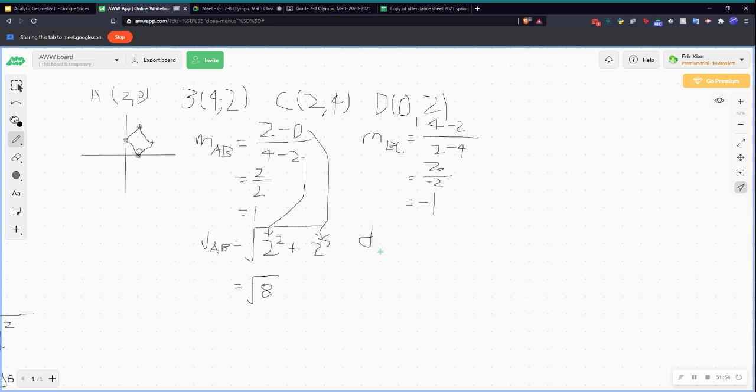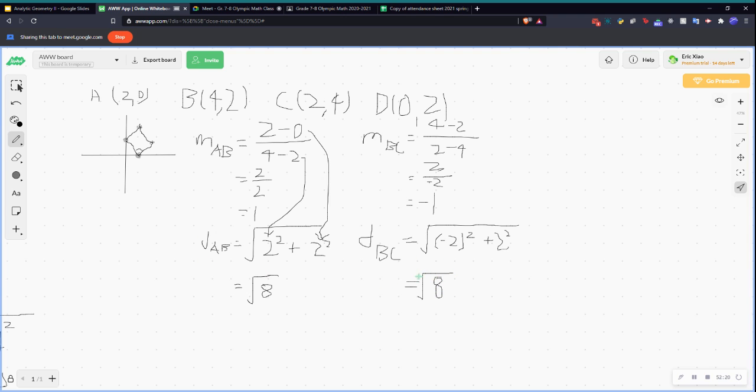And then if you want the distance, it'll look like this. You have 2 minus 4, which gives you negative 2 squared, plus the 4 minus 2, so from here, plus 2 squared. You realize this is also 4 plus 4, which is 8. So the square root of 8.